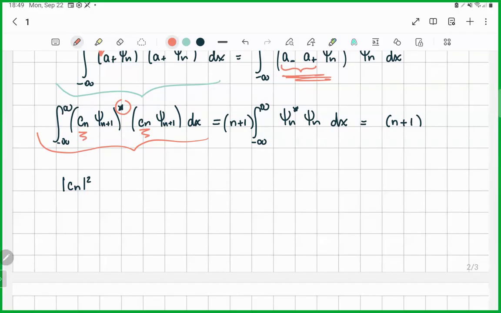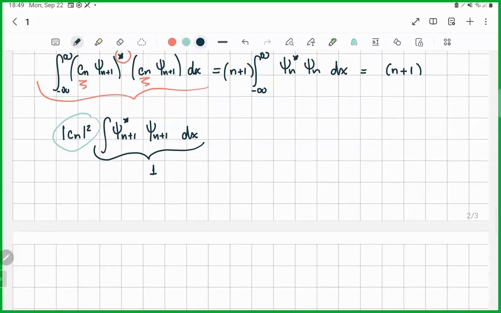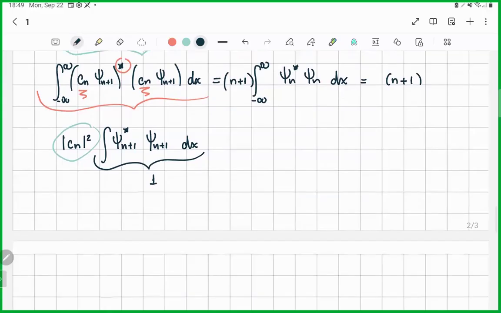What survives inside is psi n plus 1 complex conjugate psi n plus 1 dx. We said we want this to be normalized. We want to find the Cn that guarantees that this integral is normalized. So putting things together now, we find that this Cn absolute value squared has to be equal to n plus 1. This will ensure normalization.